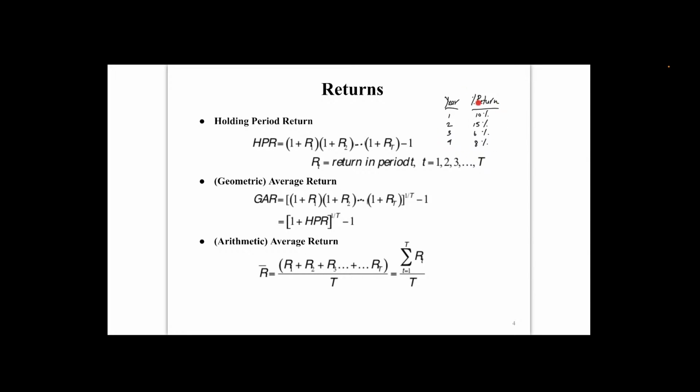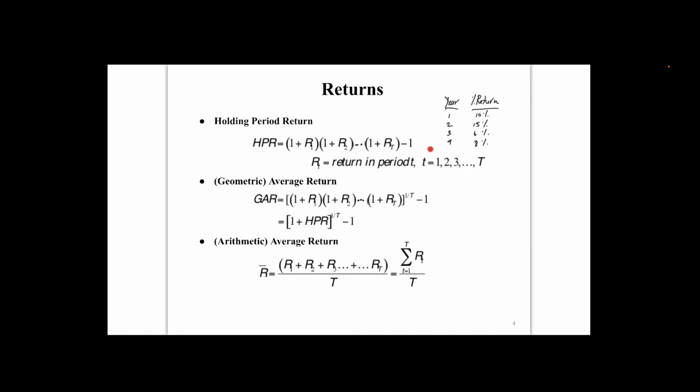And this is the ex post data I talked about, where each observation is just as important as the other. Now, what if I want to know from year 1 to year 4, what's the return overall? That would be compounding 10%, 15%, 6%, and 8%.